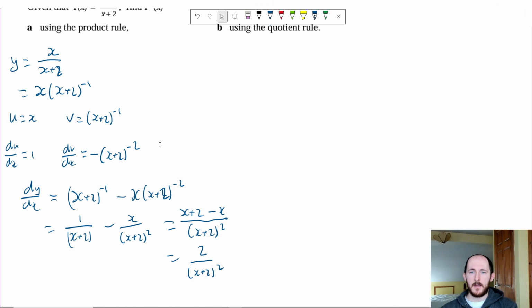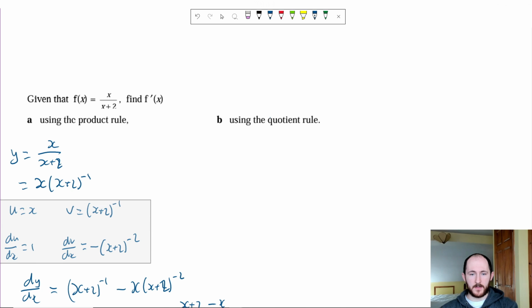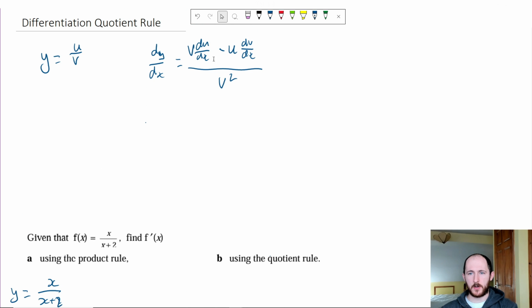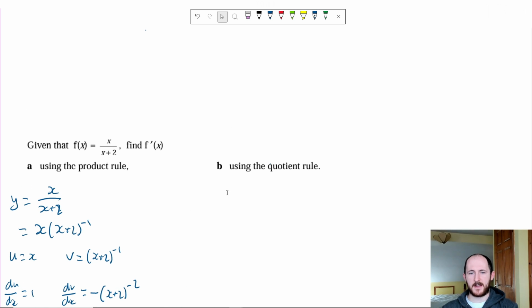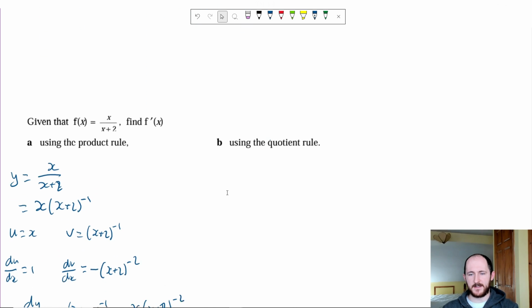Now, we're going to use the top of this, in fact. So we're going to use this first part, but this time we're going to use the quotient rule. So the quotient rule says v times du dx. So v is this, it's the denominator here, which is just x plus 2. In fact, that's a really good point. Alright, so we're going to have to kind of redefine this slightly.